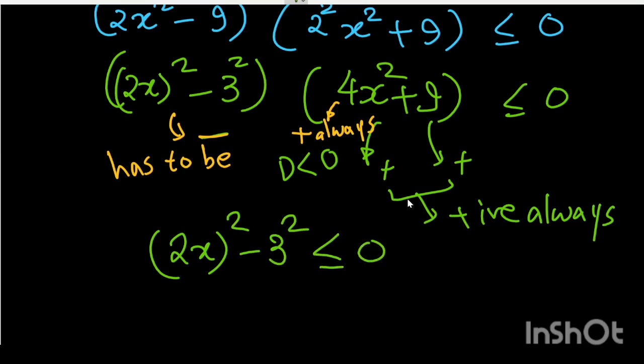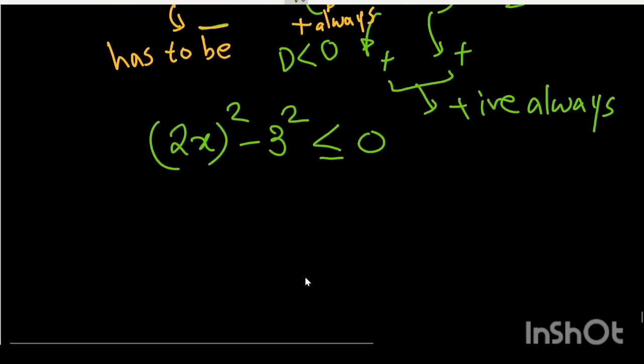You can also say that 4x square plus 9 will go in the denominator, 0 upon 4x square plus 9 becomes 0. Because it's a positive quantity, we can cross multiply it without changing the sign of the inequality. So that way also it can be argued.